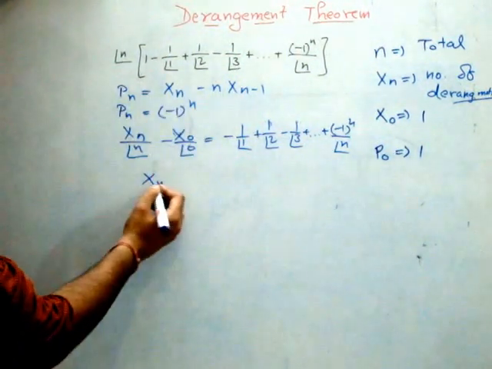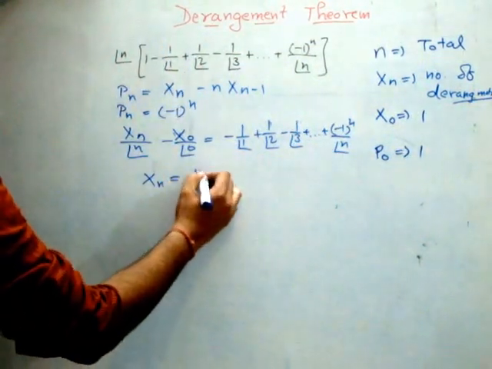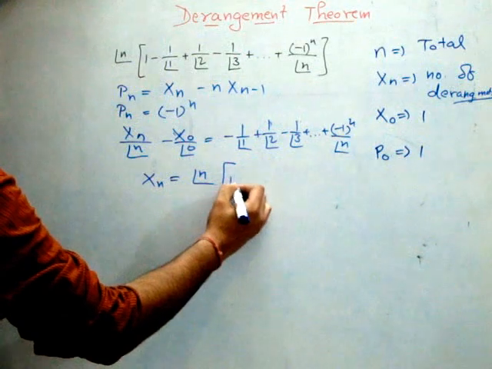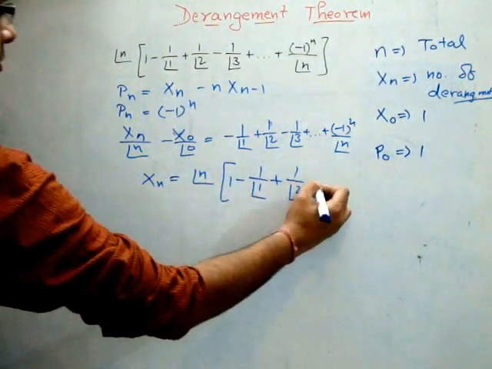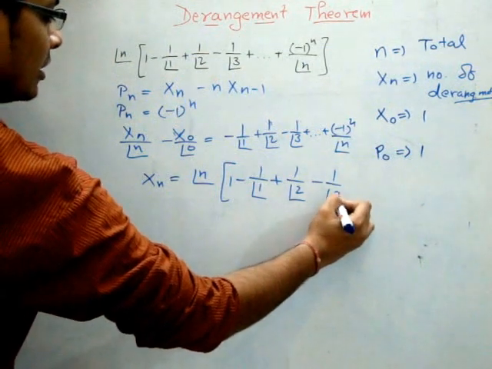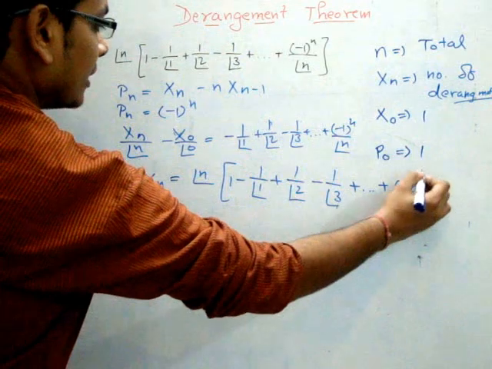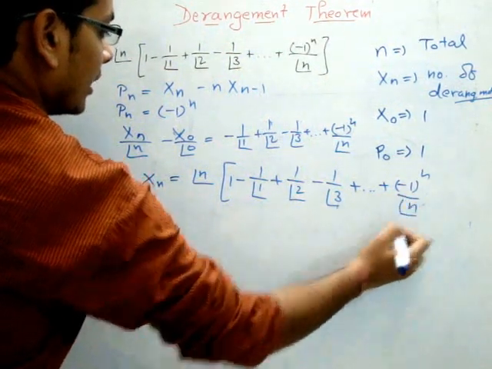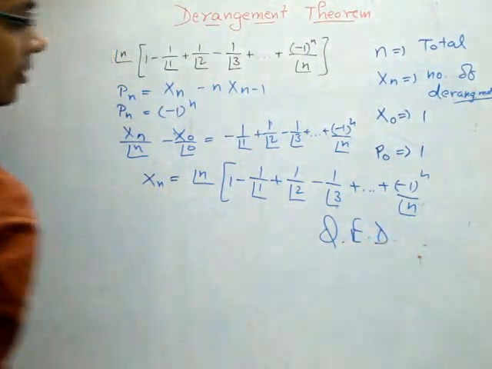So if we take it to this side and multiply the whole thing by factorial n, we will get xn equal to factorial n times 1 minus 1 upon factorial 1 plus 1 upon factorial 2 minus 1 upon factorial 3 plus, up to minus 1 to the power n upon factorial n, which is the derangement formula.